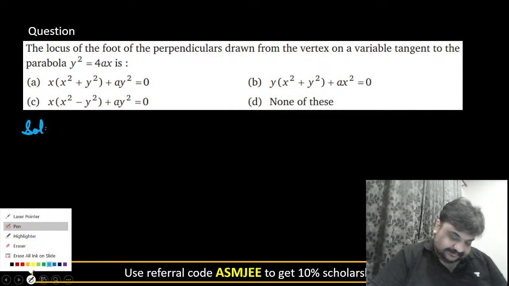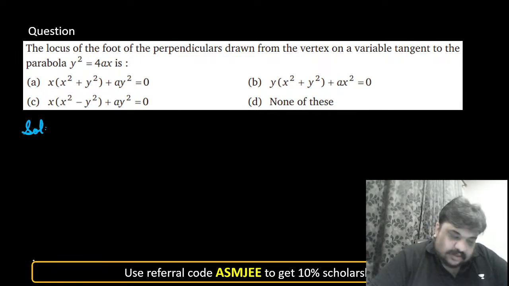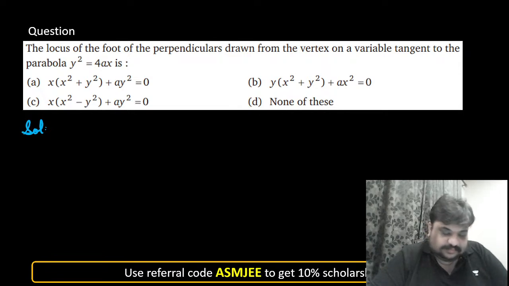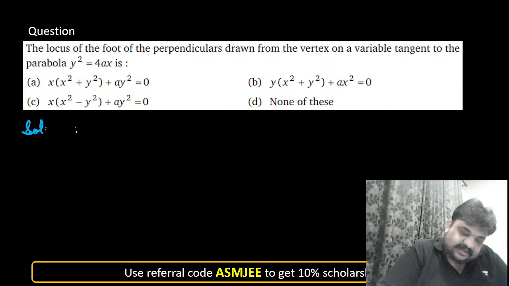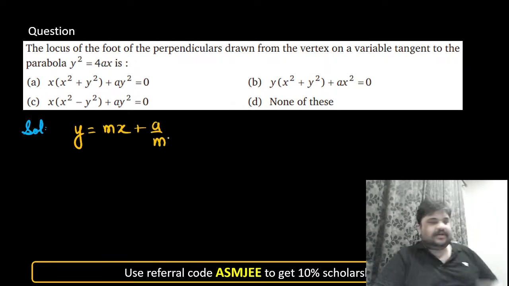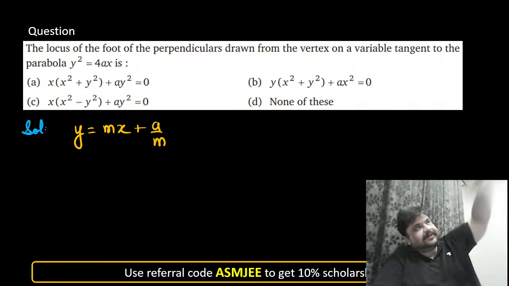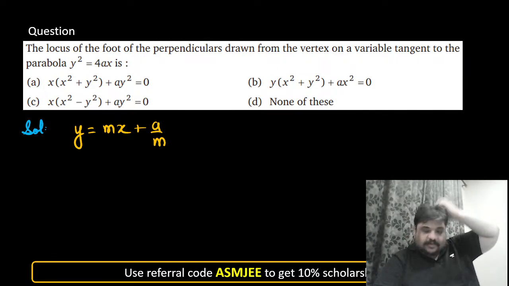Let's see. Locus of the foot of the perpendicular drawn from the vertex on a variable tangent of the parabola. So take the variable tangent in the form of m. Whenever from a point you need locus of foot of perpendicular, you should take it in the form of m.